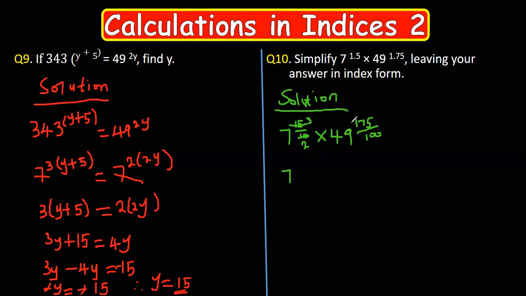When 25 divides 175, what are we going to have? We should have 7. And dividing 100 by 25, we have 4.